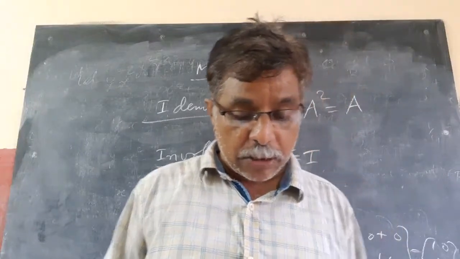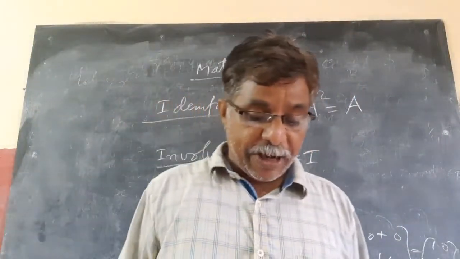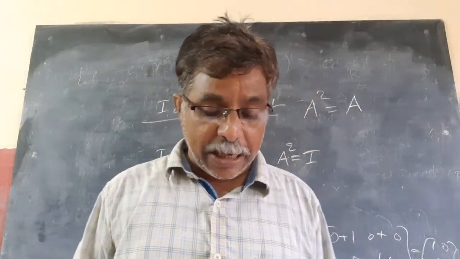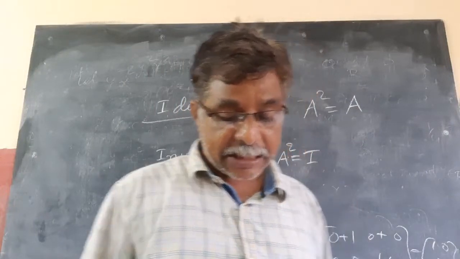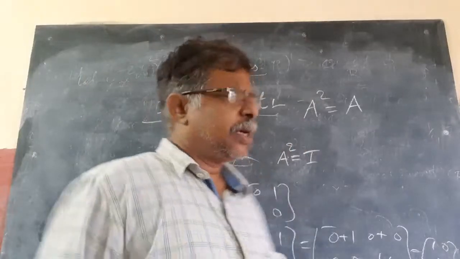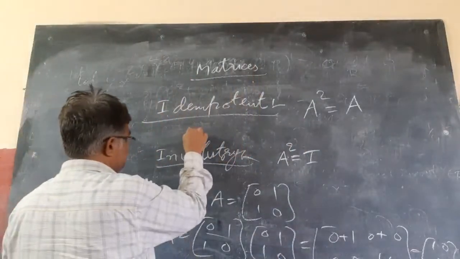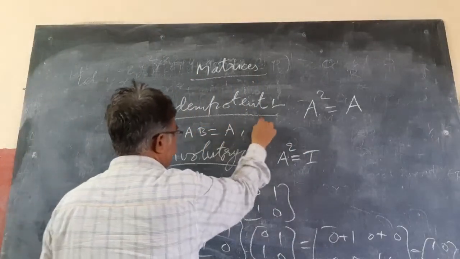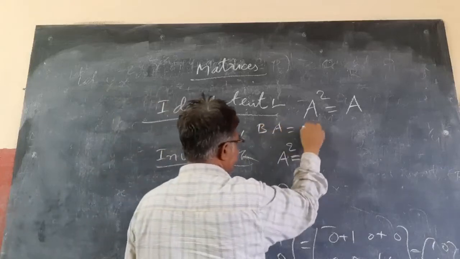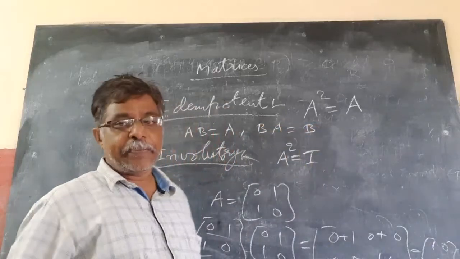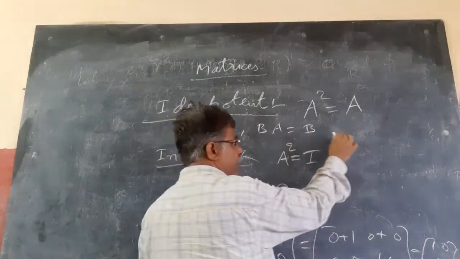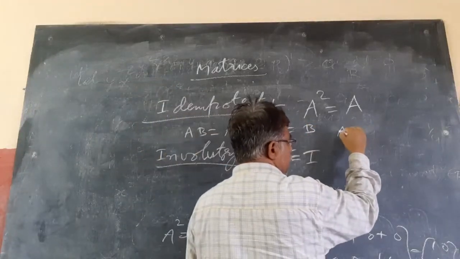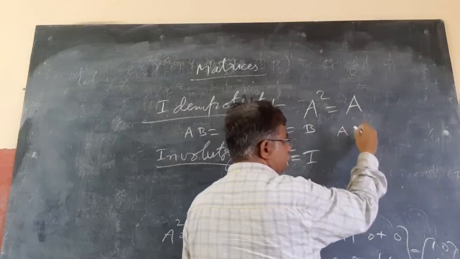If AB equals A and BA equals B, then A and B are idempotent matrices.